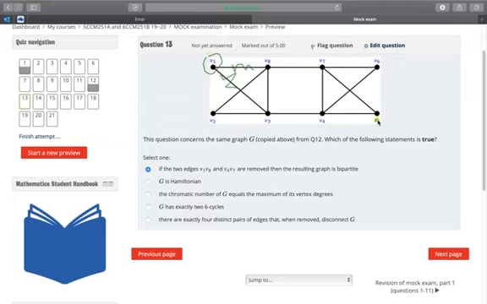That would give me 4 pairs of edges. But I could also eliminate these 2 edges. That would be another pair of edges which, when eliminated, disconnects the graph. So there are at least 5 distinct pairs of edges which do this job. So all these statements are false. Okay, let's go on. So that dispenses hopefully with that graph.